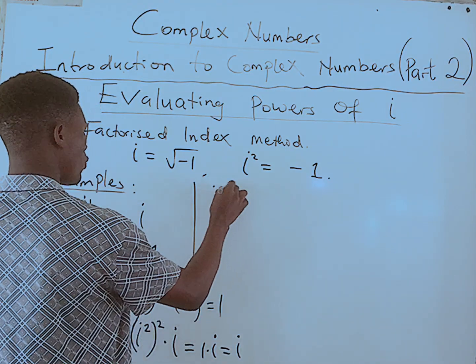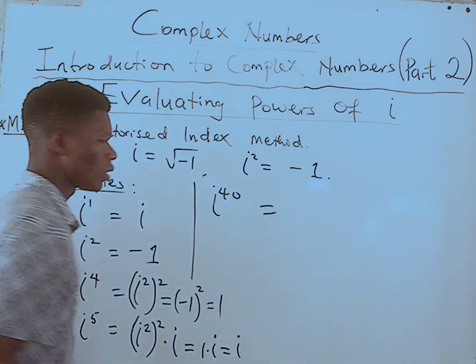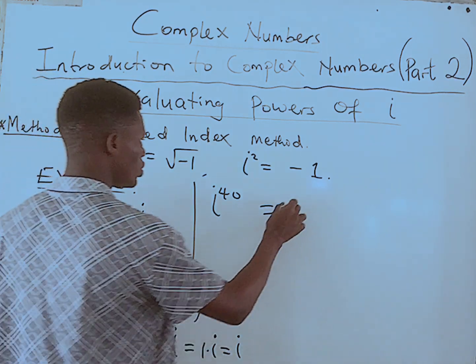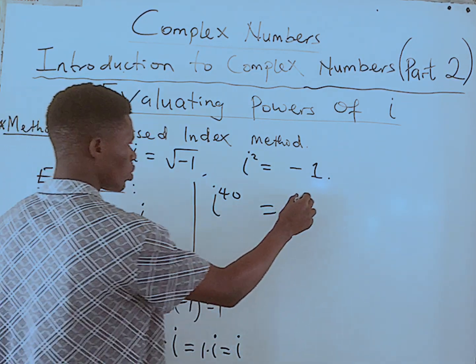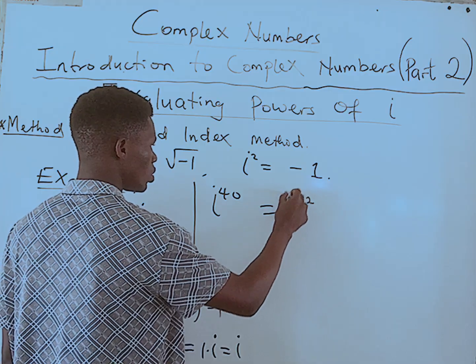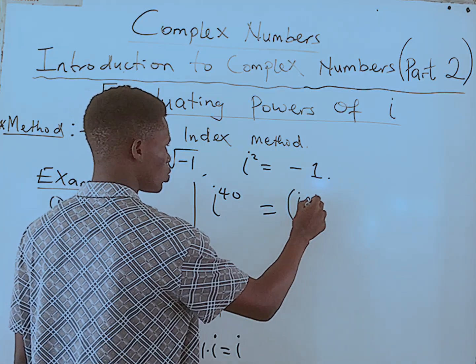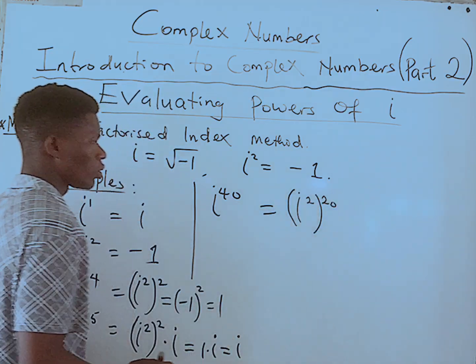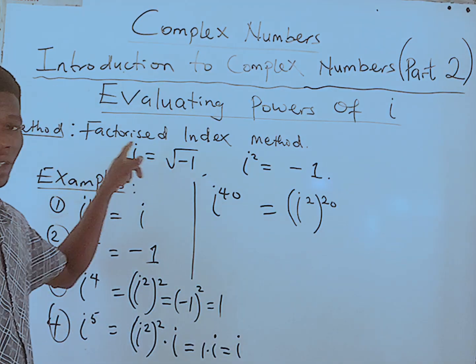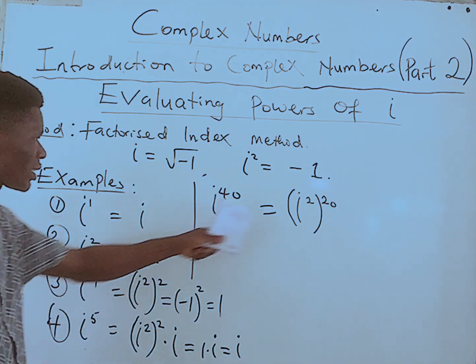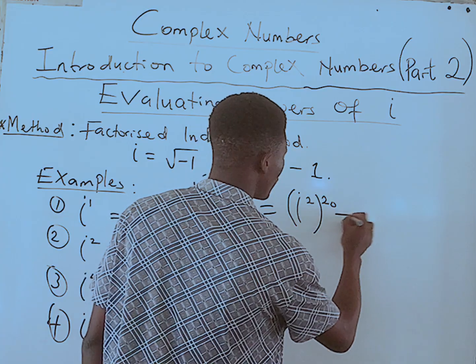Okay, the next example, which is i raised to the power 40. All we need to do is factorize out the power of 2. We have i raised to the power 2, then raised to the power of 20, which is 40. So it is now obvious that we are factorizing out 2 in the powers of i given.